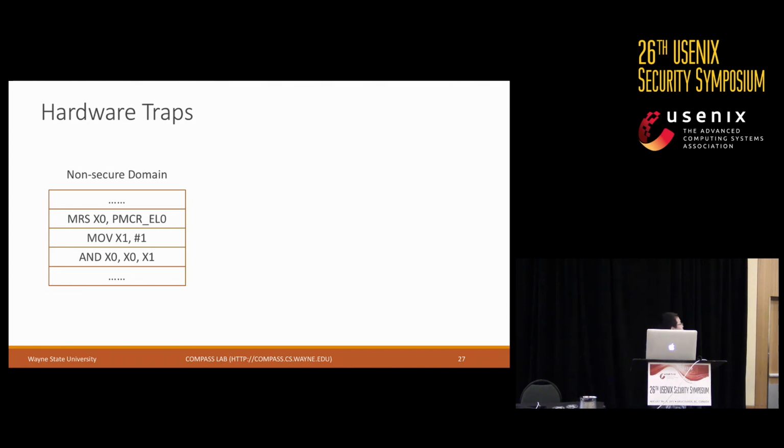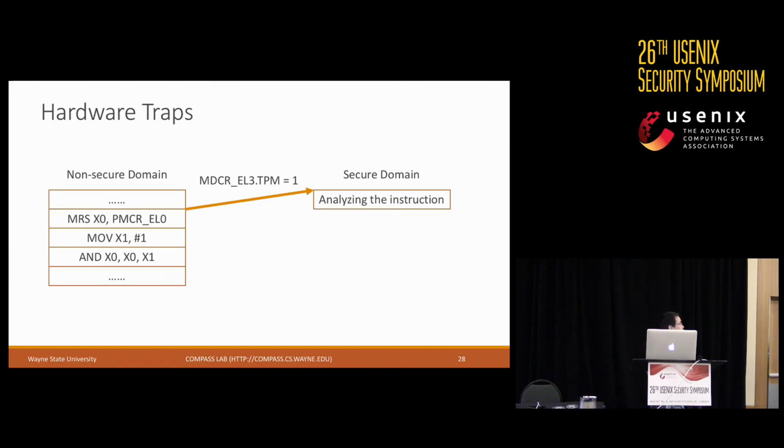For example, this piece of code in the non-secure domain tries to access the value of the PMCR_EL0 register and tests whether the last bit of this register is set. But in fact, the last bit of this register contains the sensitive information that indicates whether our PMU is enabled. And of course, we don't want to leak this kind of information.